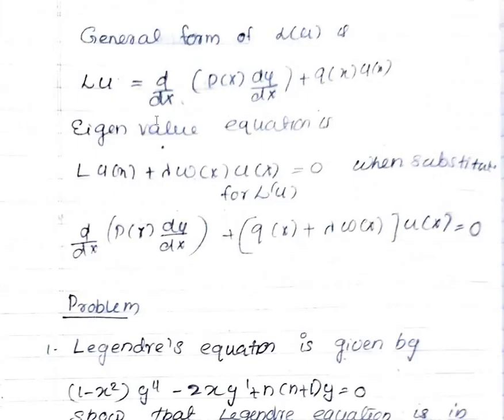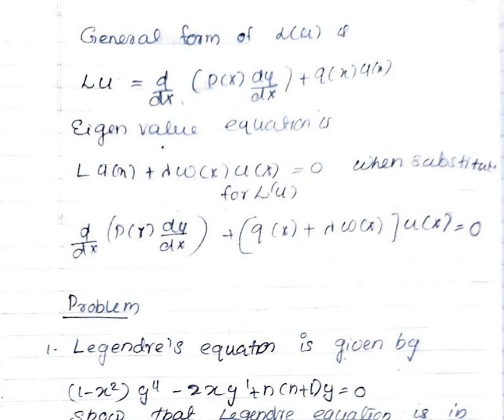So the general form of our self-adjoint operator is L of u is equal to d by dx of p of x du by dx plus q of x u of x. We know that the eigenvalue equation is L into u of x plus lambda w of x u of x is equal to 0.